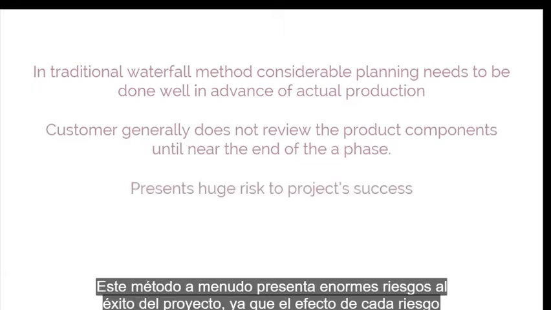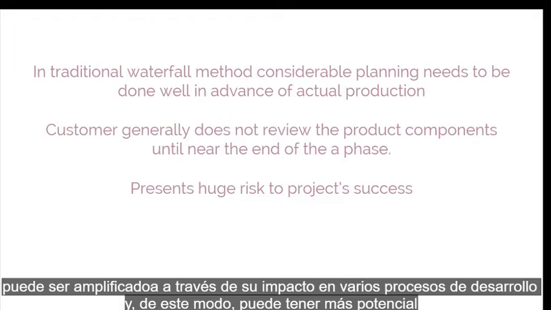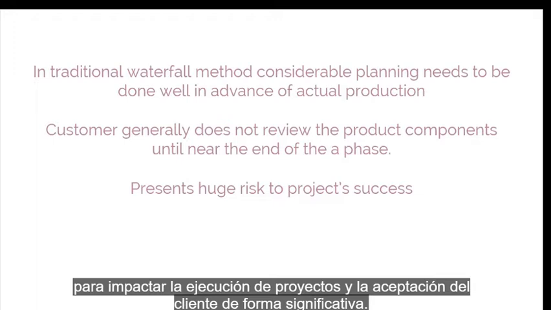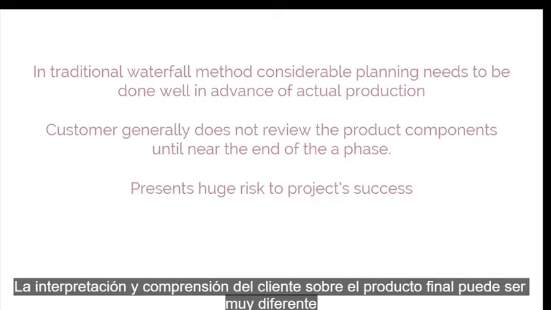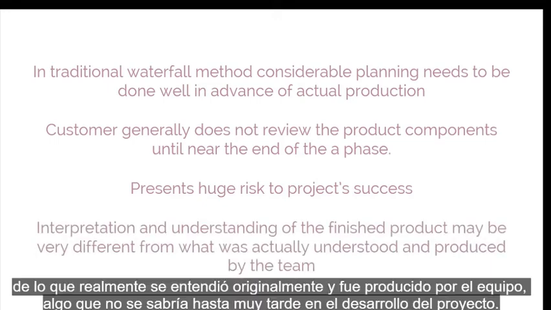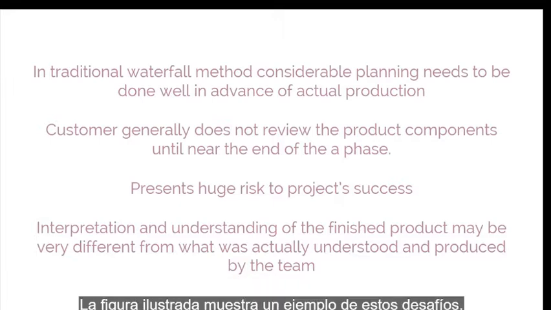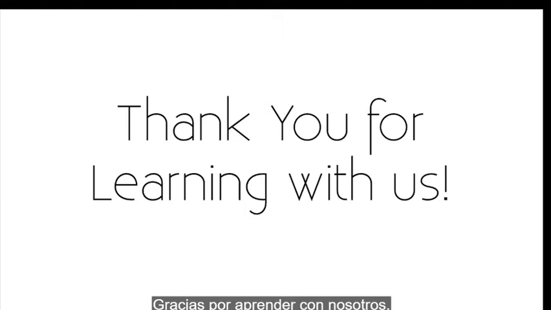This method often presents huge risks to the project's success, because the effect of each risk may be amplified through its impact on several developmental processes, and thereby may have more potential for significantly impacting project delivery and customer acceptance. The customer's interpretation and understanding of the finished product may be very different from what was actually understood and produced by the team, and this may not be known until very late in the project's development. The displayed figure demonstrates an example of these challenges.